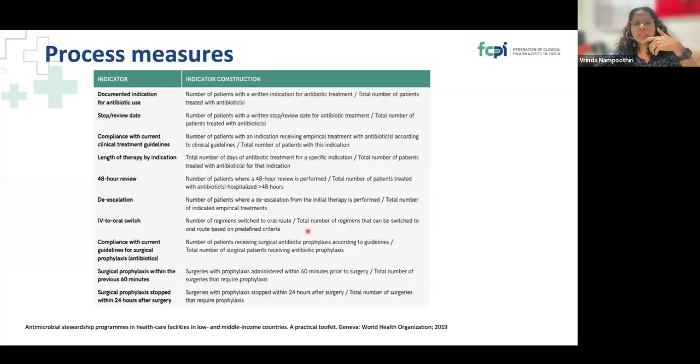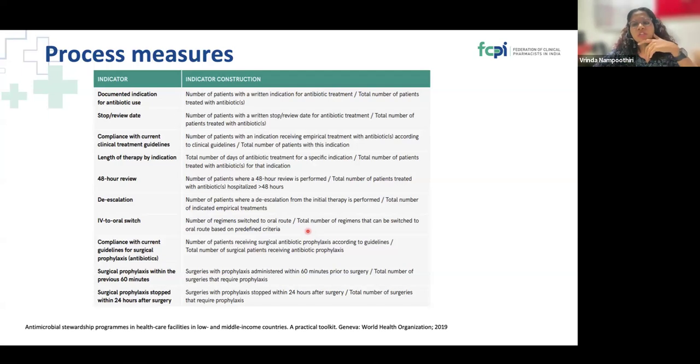So these are the various process measures as defined by WHO. You can actually do the PPS to assess the various process measures. Now that you've understood the methodologies of conducting PPS, we will try and apply those methodologies to these process measures to see how we can do a PPS and how we can analyze the patterns of prescription for the clinical teams.